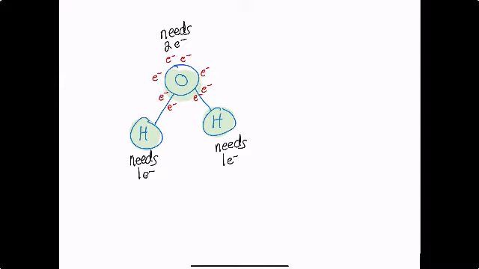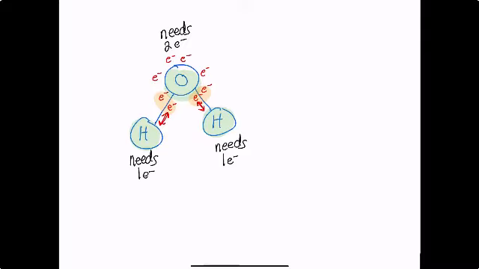So if we count these up, our 2 electrons right here form a shared pair between hydrogen and oxygen. These 2 share a pair of electrons between hydrogen and oxygen.